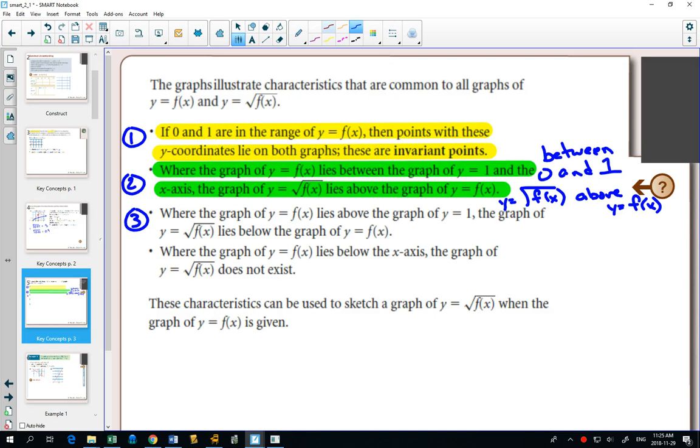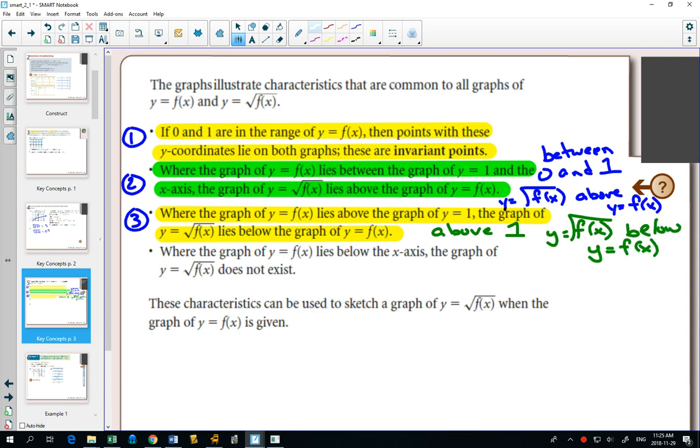Number 3, above 1, the square root graph is below the original graph.